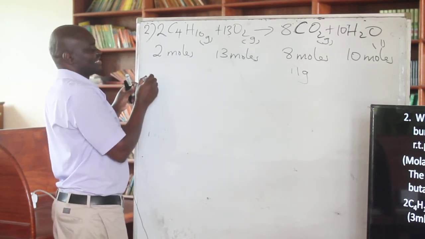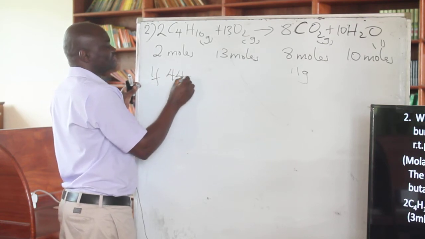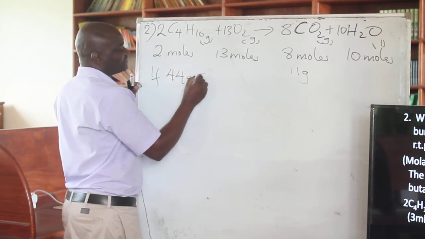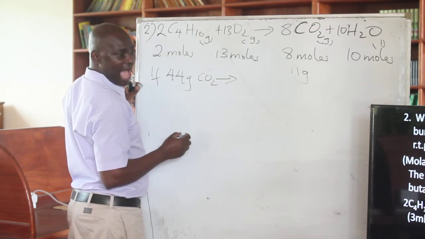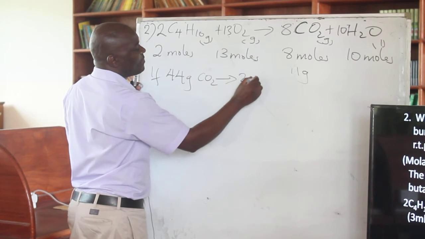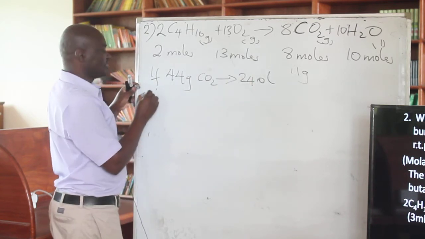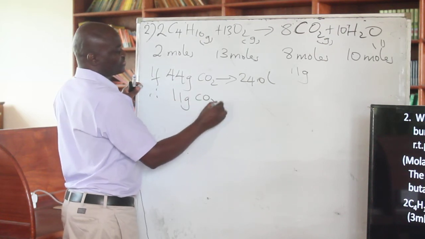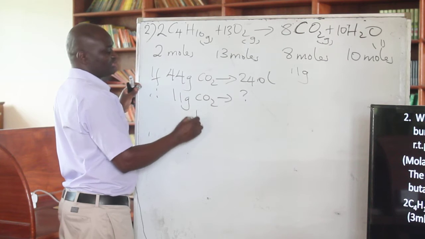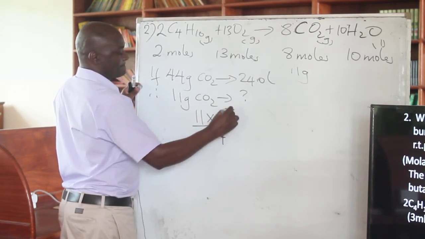We know that 44 grams of CO2 occupies 24.0 liters. What about 11 grams of CO2, what will it occupy? It will be 11 times 24 over 44.